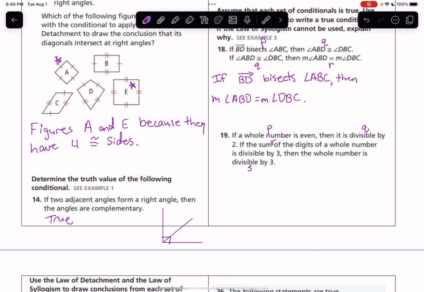Maybe that's statement S. We can't use this because the conclusion of the first conditional is not the hypothesis of the second.